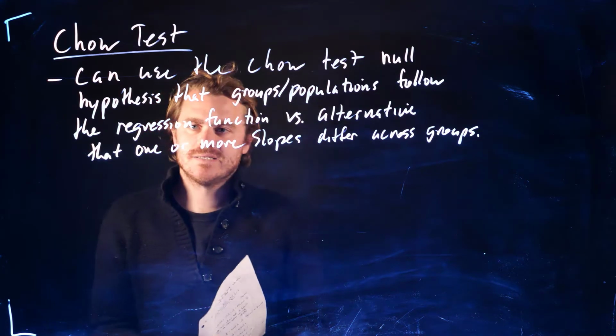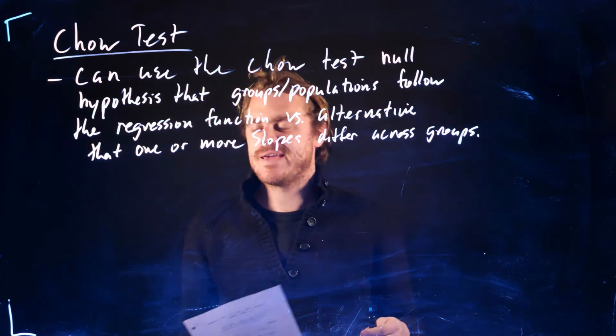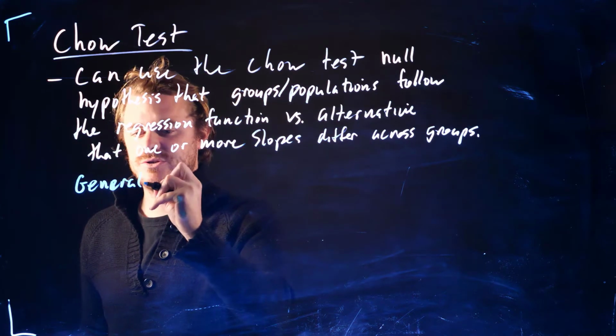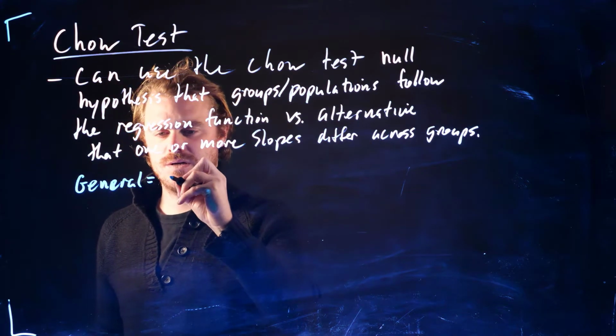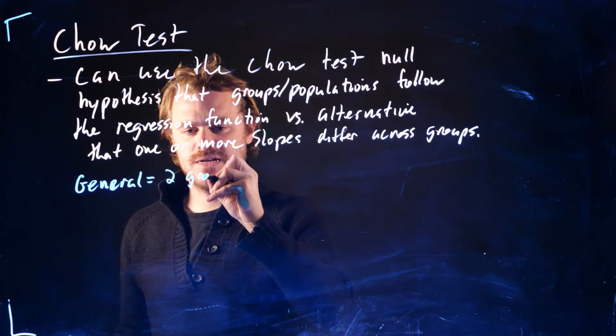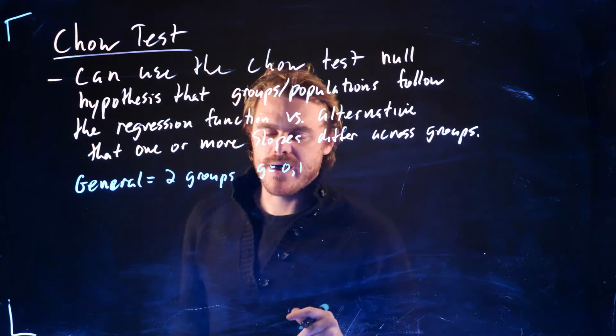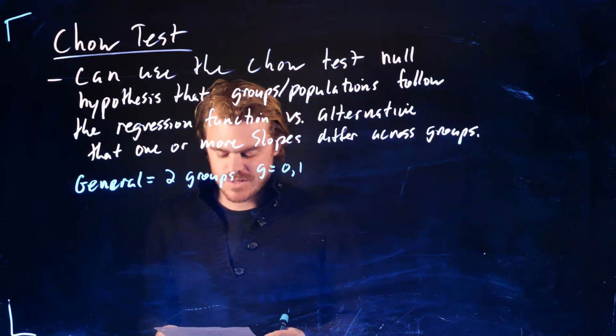And so, again, like usual in this class, let's make it pretty general. Let's start with two groups. Let's say we can have G equals 0 or 1, so there are two different groups.